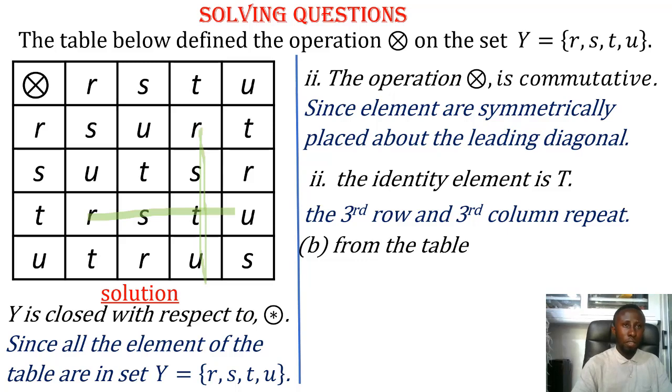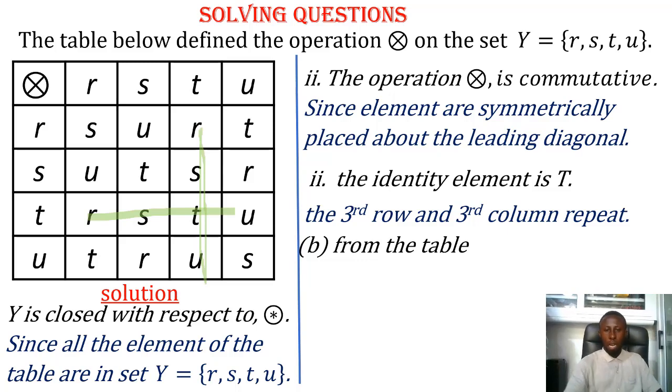So our T is the identity element, right? Now part B from the table. For B, we should find, where possible, whether there is an inverse element.